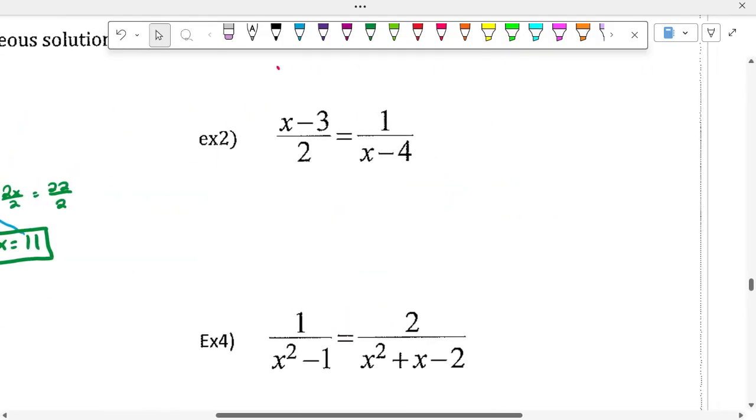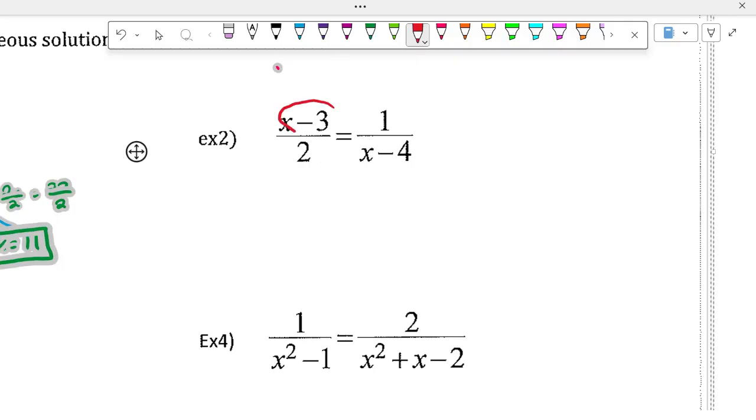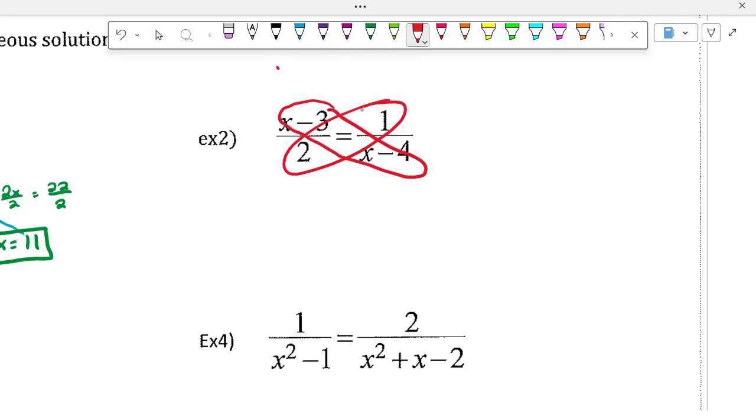Okay, let's try another one. So what do I do first? Cross multiply. So I have x minus 3 times x minus 4 is equal to 2 times 1. Now, on the left side, what do I have to do to multiply that through?